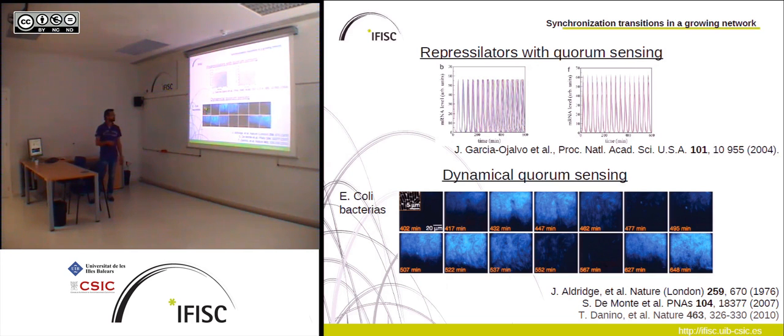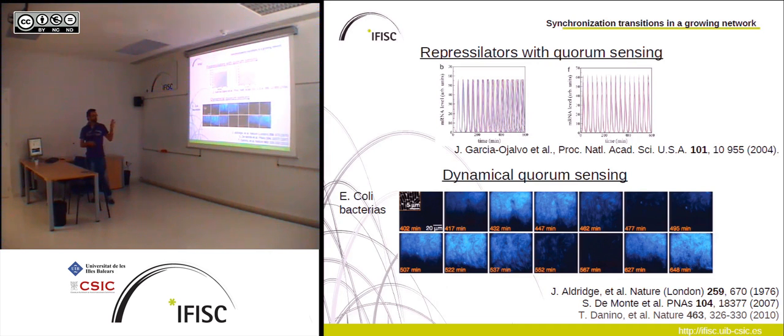We could see only a black screen if we are looking at the fluorescence of some protein that we are interested in, and above a certain density of the bacteria, we start to see synchronized production of a certain protein. Here are snapshots of a sequence of this production, so we can see that they oscillate clearly and produce this protein synchronously.